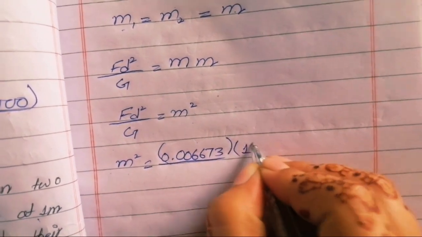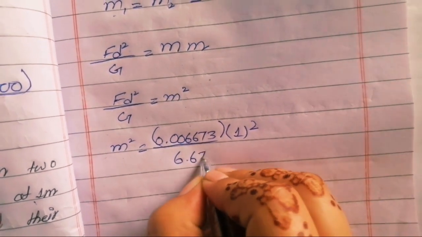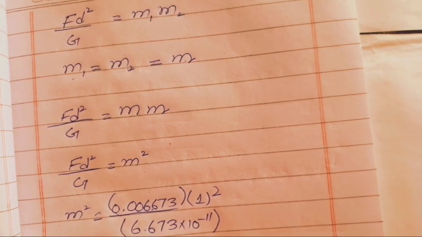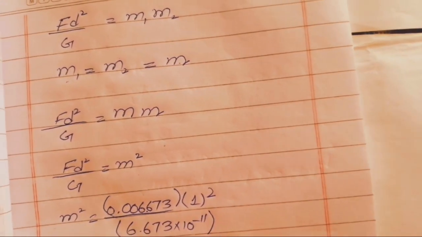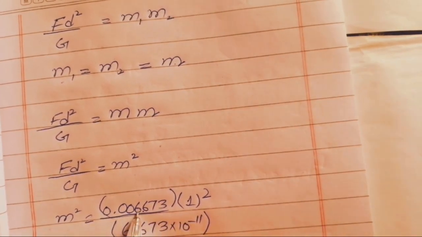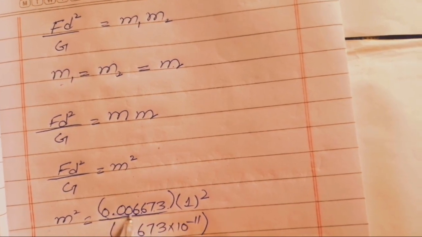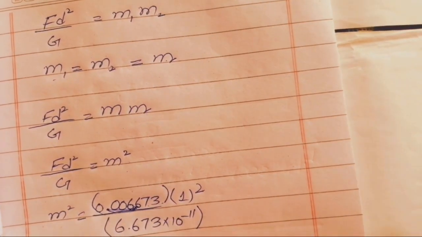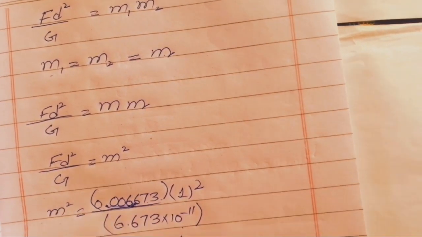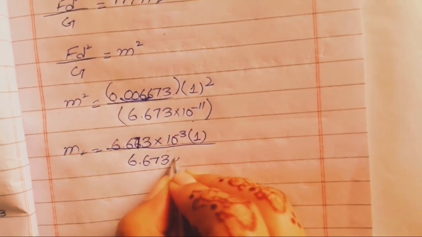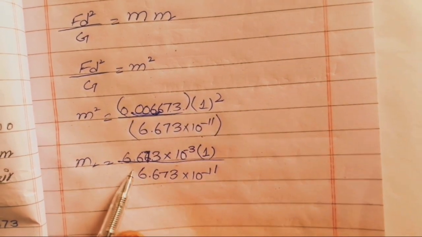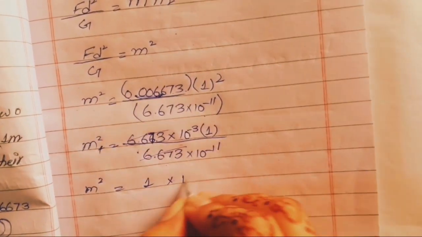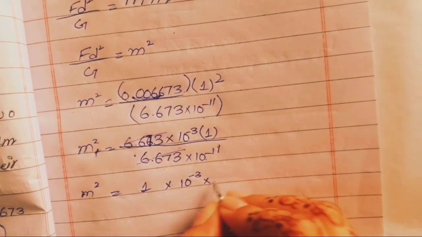The value of distance is 1 squared and the value of G is 6.673 multiplied by 10 raised to power minus 11. m squared is 6.673 multiplied by 10 raised to power minus 3, because we have moved the decimal till 6. 1 squared is also equal to 1, and this value 6.673 multiplied by 10 raised to power minus 11 is the same, so these two values cancel with each other. m squared is equal to 1 multiplied by 10 raised to power minus 3, and this minus value will be changed into the plus value.